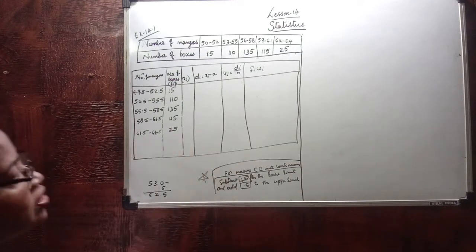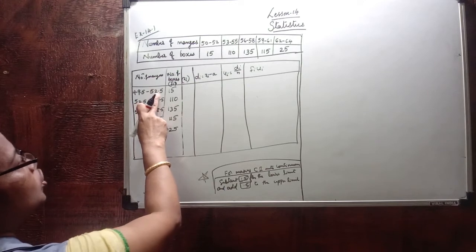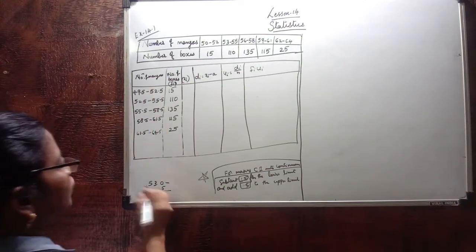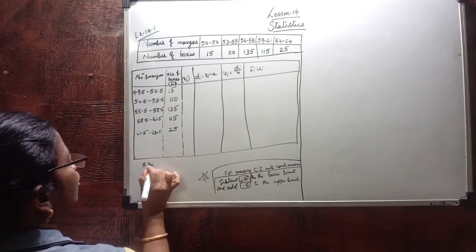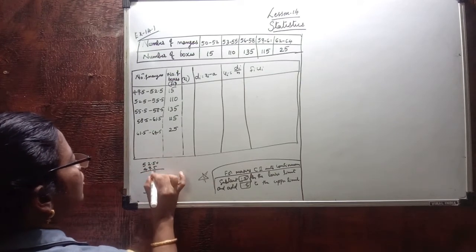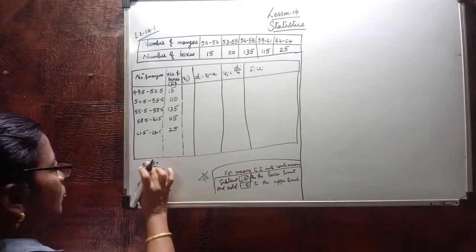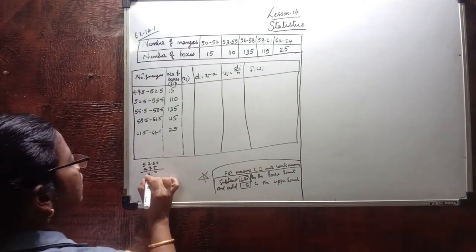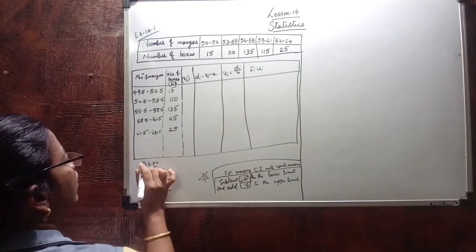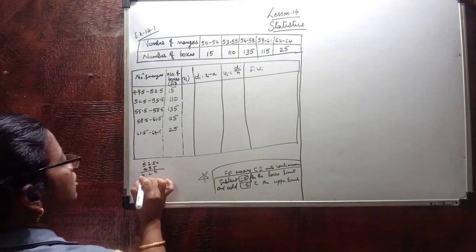So now you have to find Xi. Xi means 52.5 plus 49.5. 5 plus 5, 10, carry over 1. 2 plus 1, 3, 3 plus 9, 12, carry over 1, 1 plus 5, 6, 6 plus 4, 10.